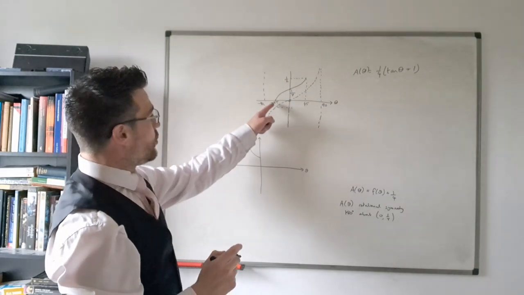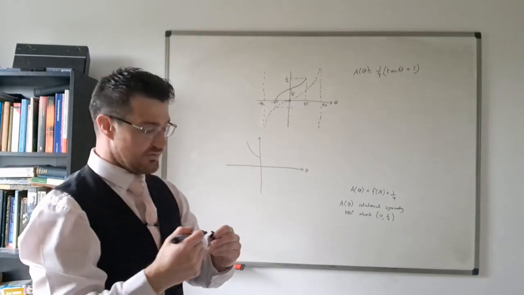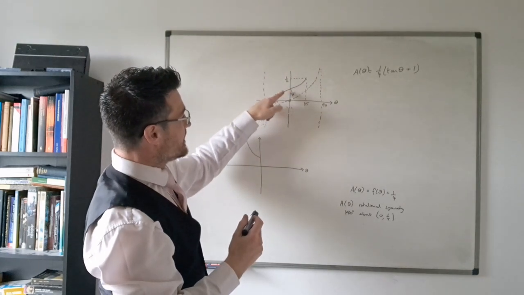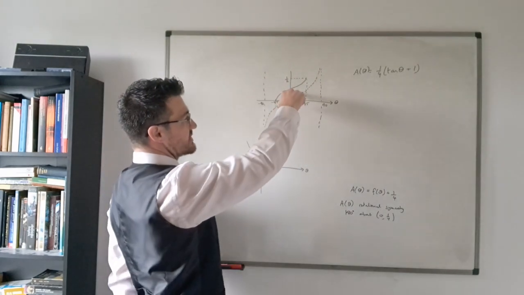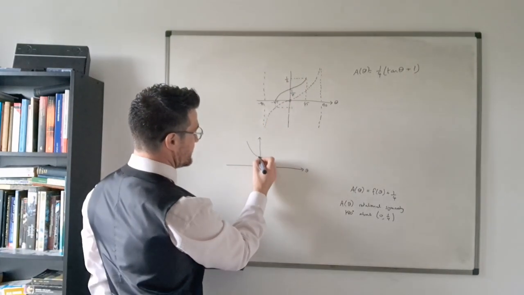And then what happens? The gradient changes. By symmetry, if the gradient is positive and decreasing into that point, then coming out of that point, the gradient is going to be positive and increasing. So what does that mean?